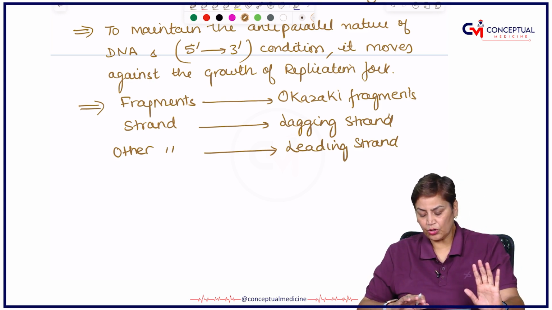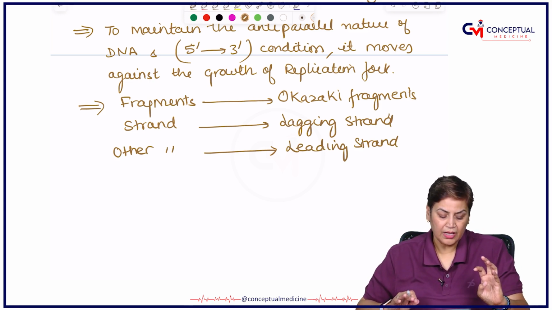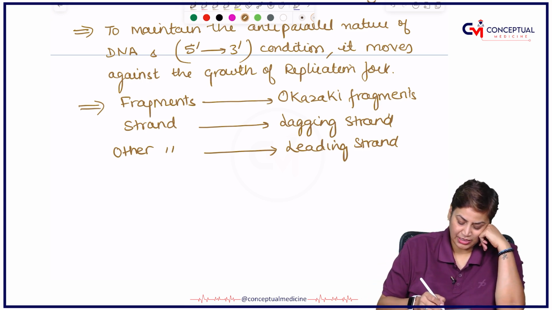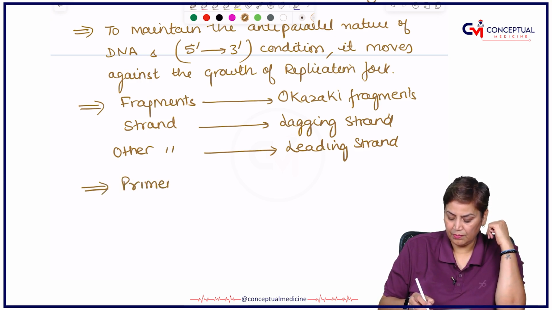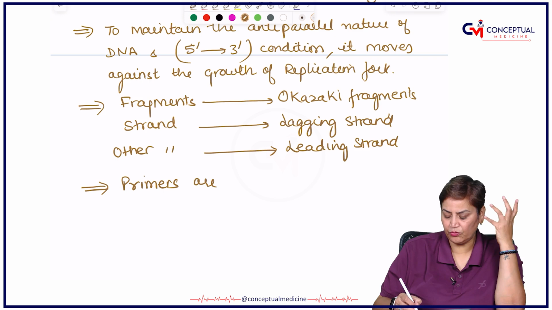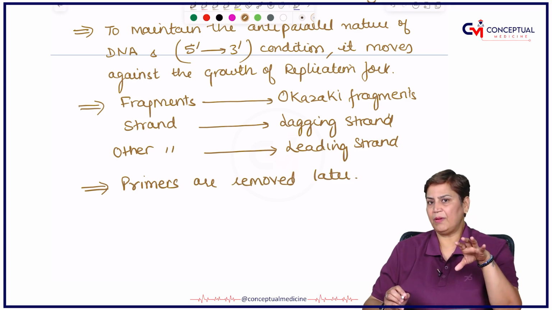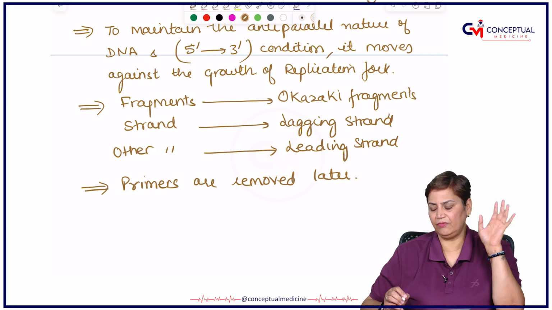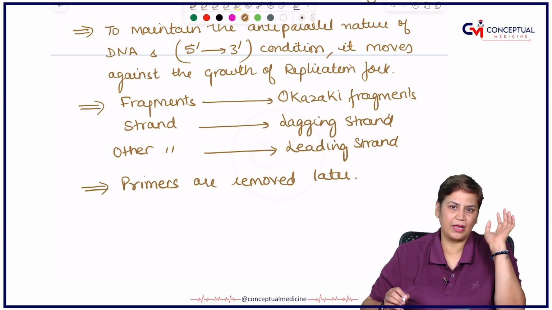Right. So you can say that this is how the process of replication will occur, and slowly the primers are removed later. And always remember that there are only two processes in our body which cannot initiate without a primer.